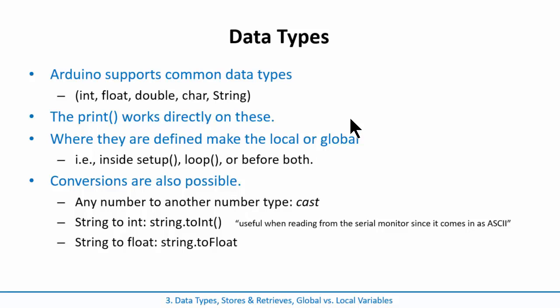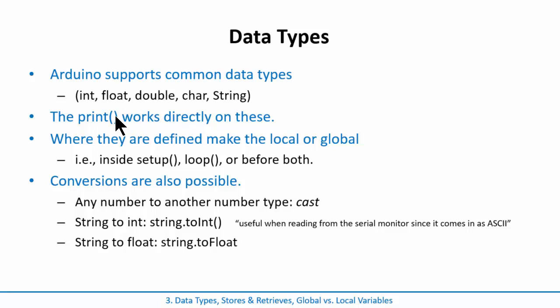So let's start off by looking at data types. The Arduino supports the common data types that you might think about: int for integer, float, double, char for character, and String. One important thing, String has a capital S. So remember, Arduino is case sensitive when you program. What's neat about it is that the print function works directly on these.